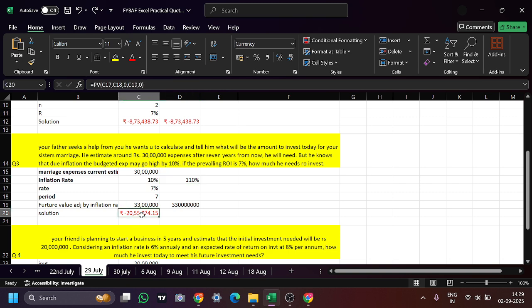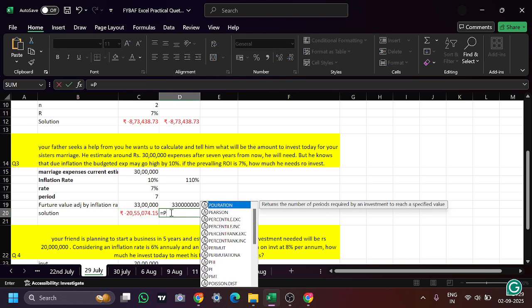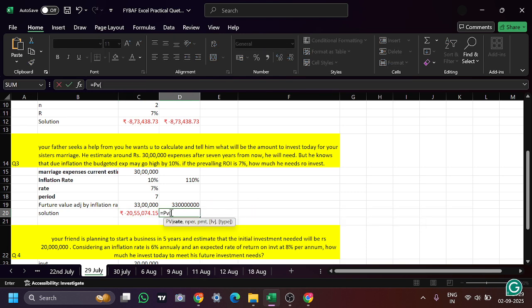Now to calculate the present value, again we have the same formula: equal to PV in bracket, the rate mentioned, this rate we are supposed to take, not the inflation rate, comma, NPER is how much? 7 years, comma PMT will be 0, comma the expenses are 30,000.